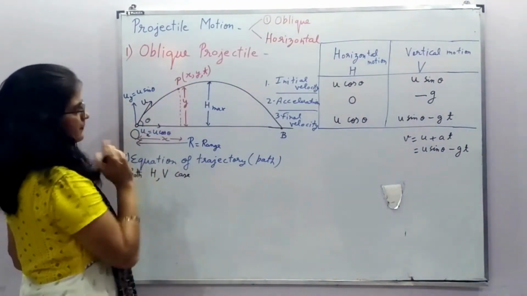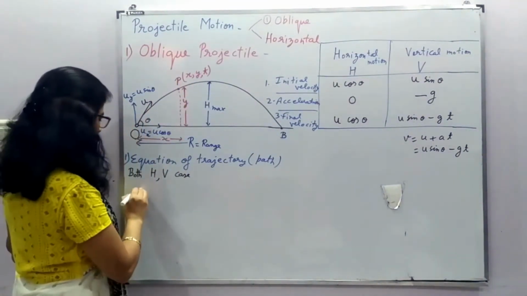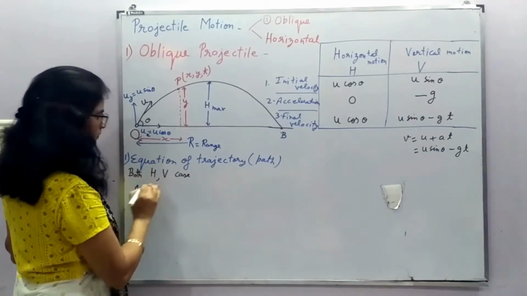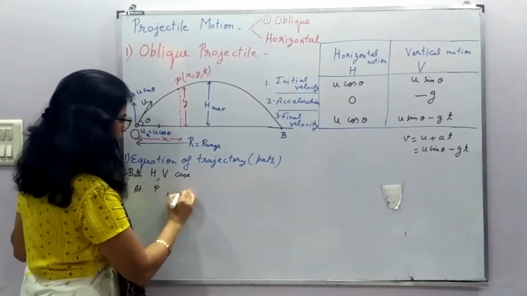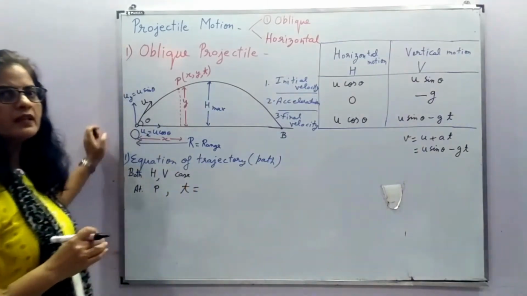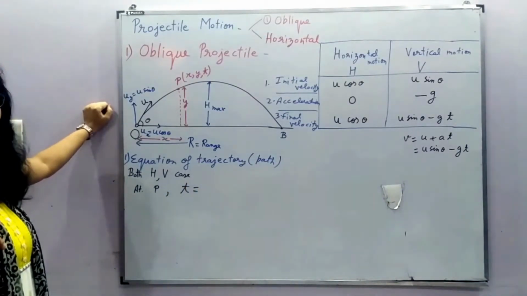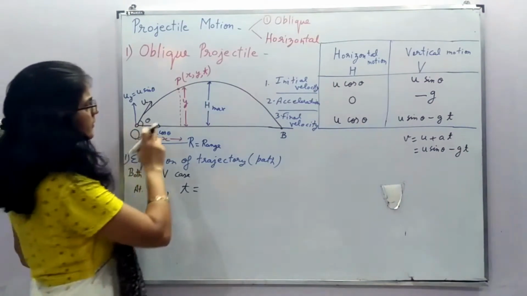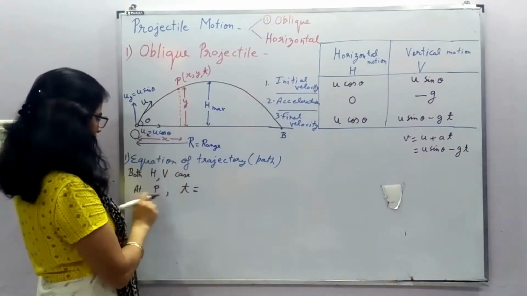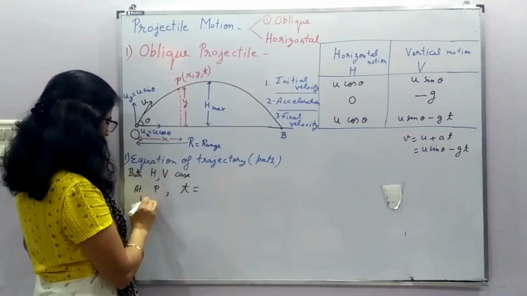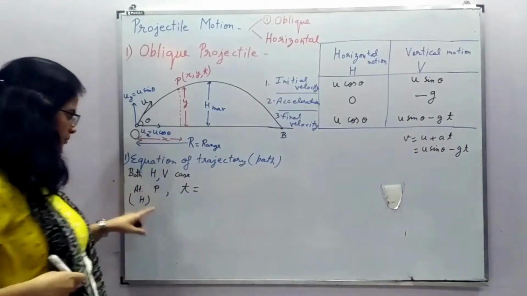So at point P, if we consider the horizontal motion, we can find the time taken to reach point P. Time is what? Distance upon speed. So what is the distance traveled in horizontal direction if we are considering horizontal motion?